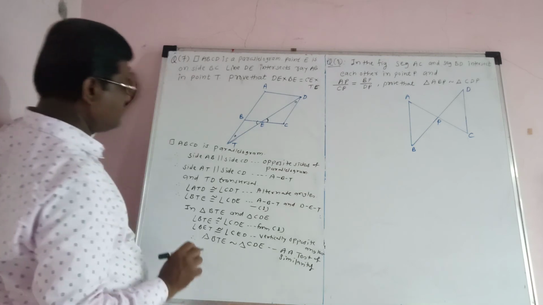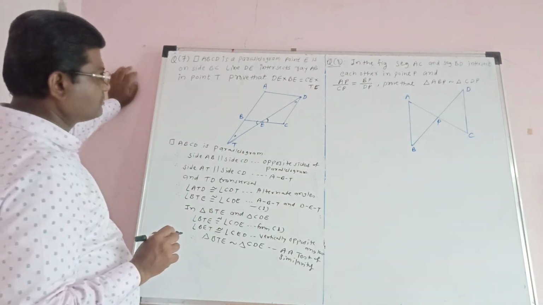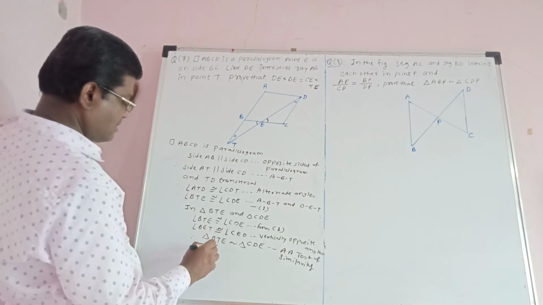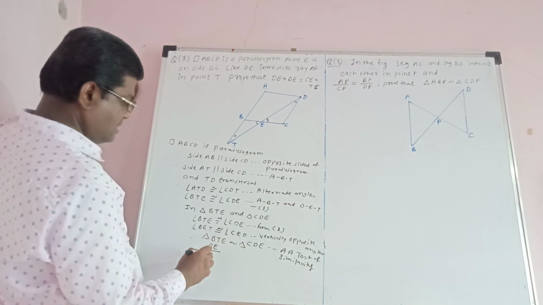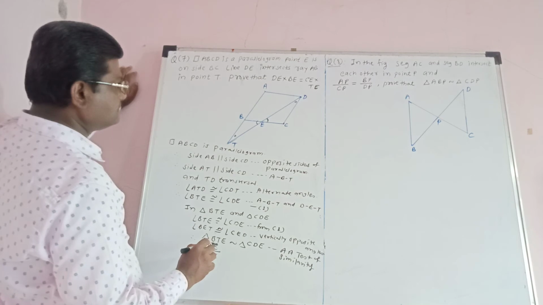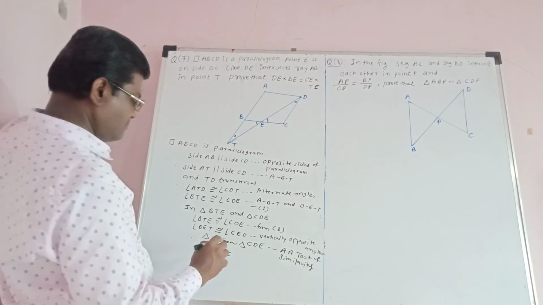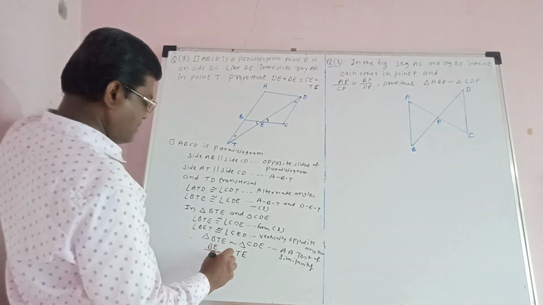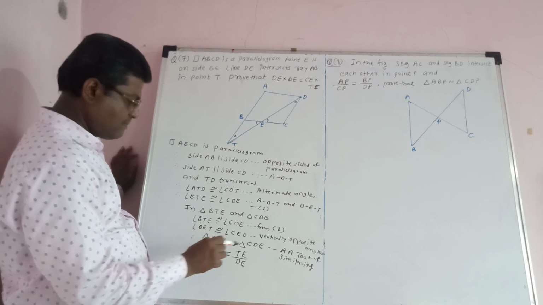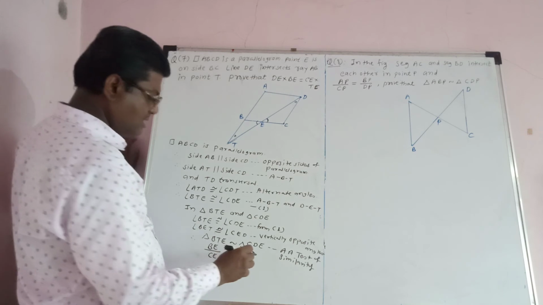Now take the ratio: BE upon CE is equal to TE upon DE.